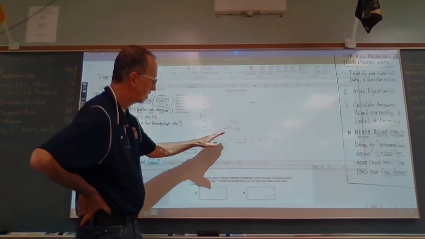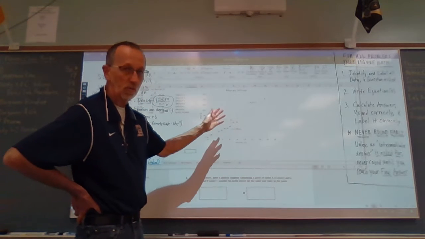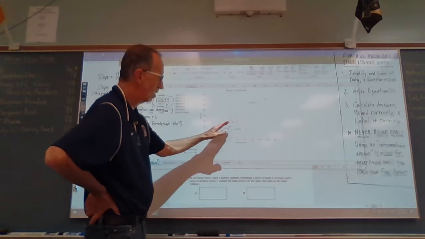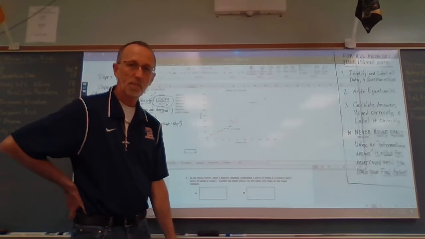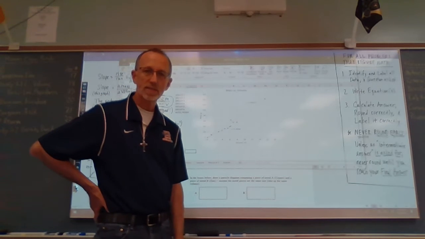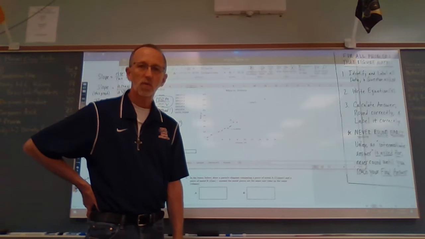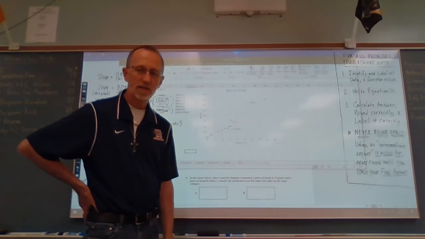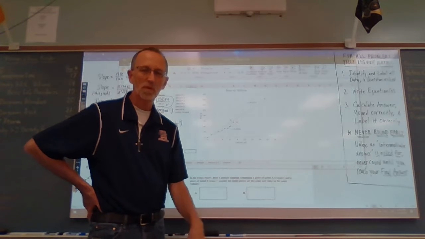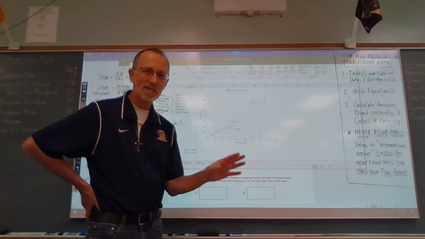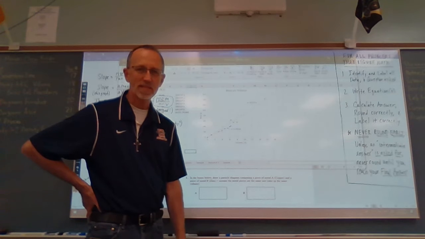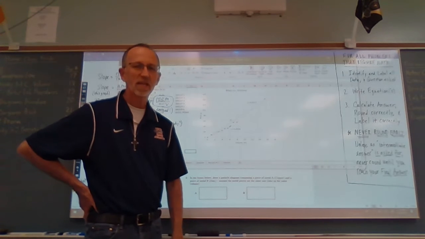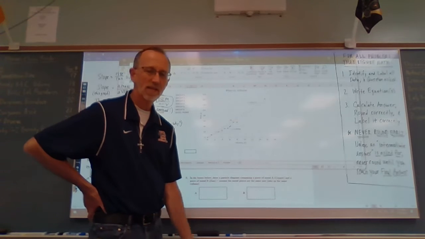And so what you can see Excel did here, what we would have done if we graphed it manually, is draw a best fit line that incorporated as many of the points as possible, and for the ones that it couldn't incorporate directly on the line, you try to have a not equal number on either side of the line and about the same distance, which takes a lot of subjectivity if you're graphing it manually.